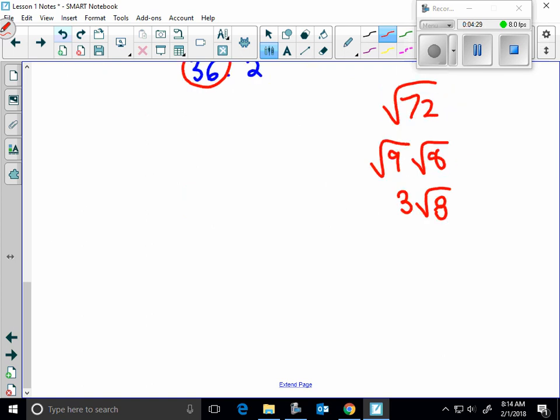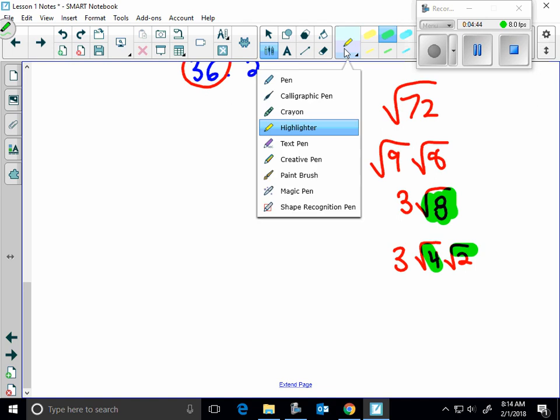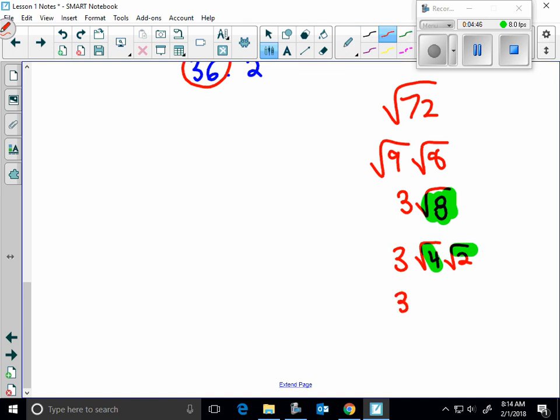Well, 4 and 2, right? So this would be 3 times the square root of 4 times the square root of 2. Do you see how square root of 8 turned into square root 4, square root 2? What's the square root of 4? 2. So this is 3 times 2 times the square root of 2, which is 6 square root of 2. You get the same answer regardless.